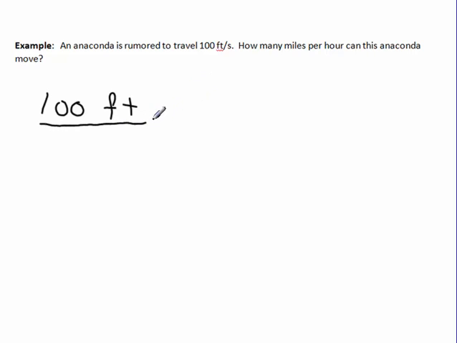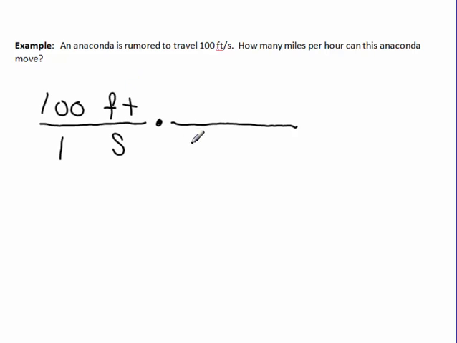Now again, this per, or the division, was already given. Feet divided by seconds. Just make this one big giant 100 feet for every 1 second. And now I want to multiply that by something. I want to get rid of feet. I want feet to go into miles. So let's handle that one first.